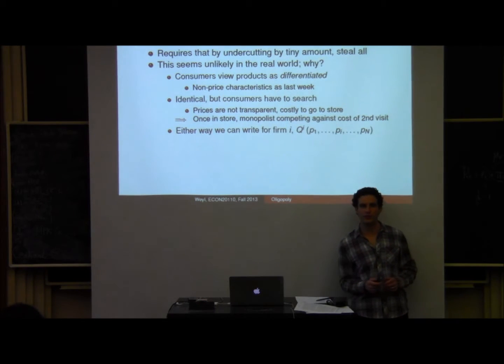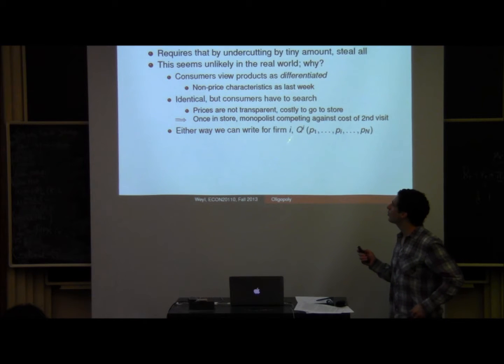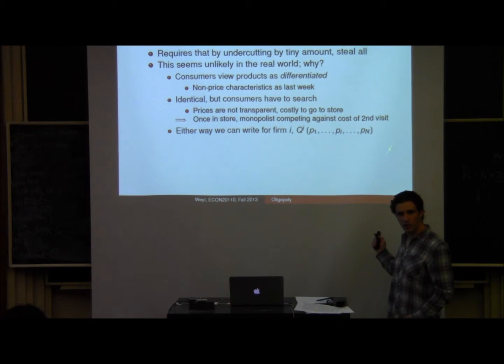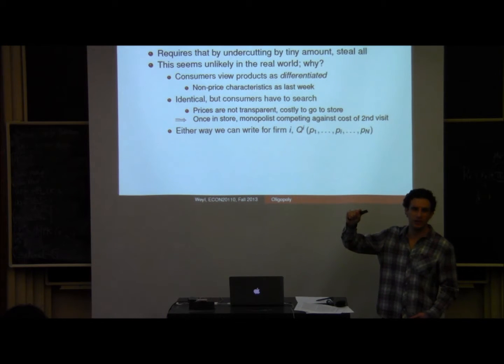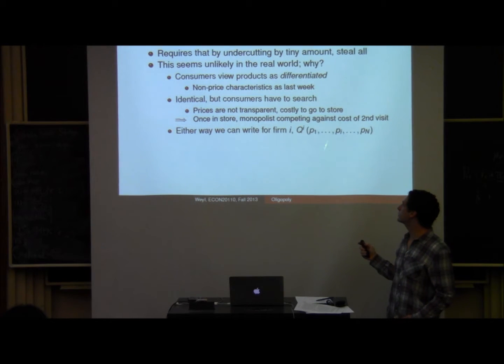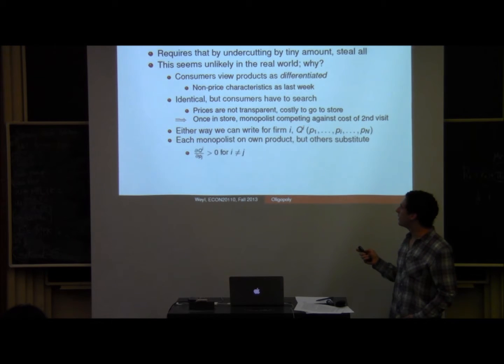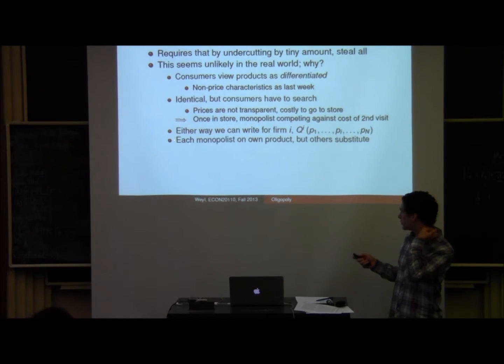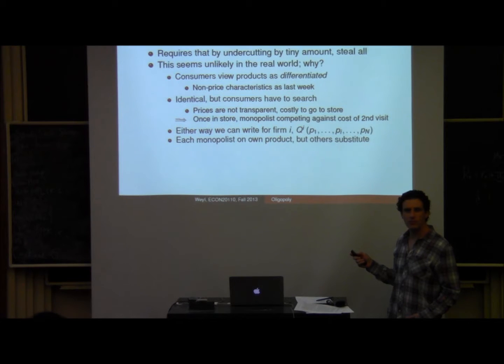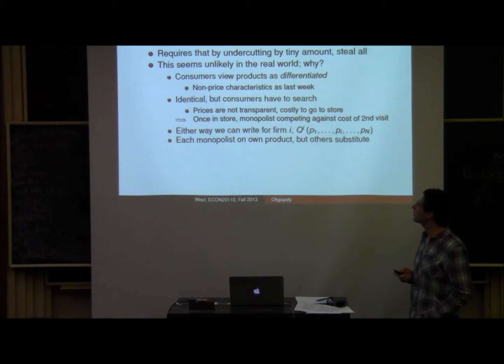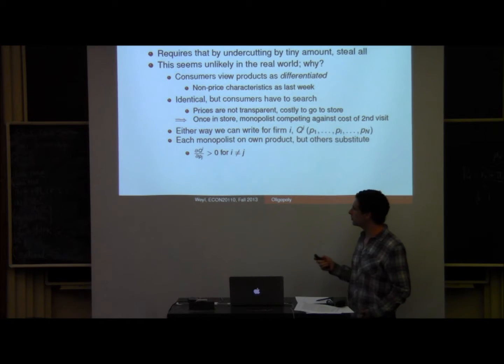Both of these two forces can be captured in a model where my quantity depends on all of the prices, but not necessarily in this particular way that if I just go a little bit below them, I get all the market, but in some smooth way, my quantity is a function of all the prices. And each firm is effectively a monopolist, but only on their own product, not on all the products in the market. And the other products are substitutes in the sense that if the prices on the other products rise, then the quantities of this firm will rise.